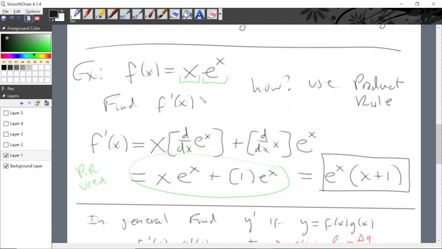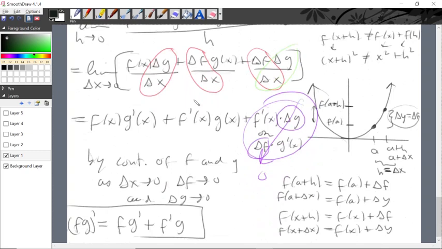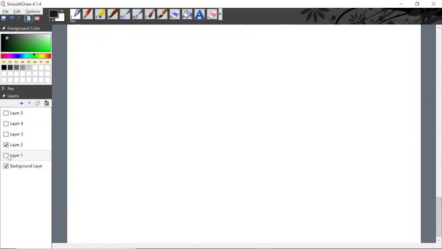What would be the equation of the tangent line to this function at a given point, like when x is equal to 0, which it turns out f of 0 is equal to 0? So we can ask, what's the equation of the tangent line to this function at the point 0, 0? We can ask the question, what's the equation of the normal line to this function at the point 0, 0 as well? So we can do all the things we have been doing so far with derivatives now with products of functions because we have the product rule.